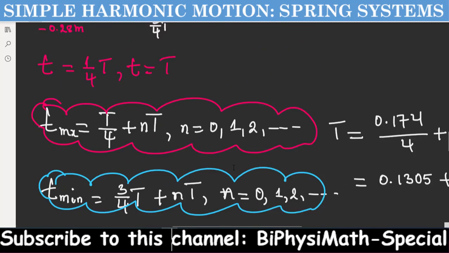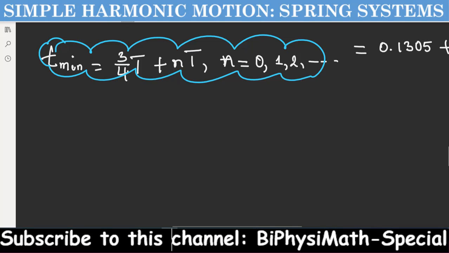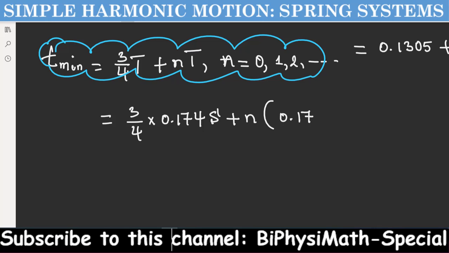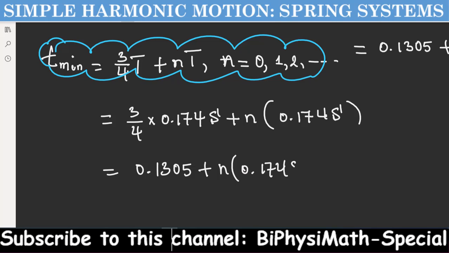We already have the period, big T. At this time, three quarters times the period, 0.174 second, plus n times 0.174 second, we have 0.305 plus n times 0.7 second.